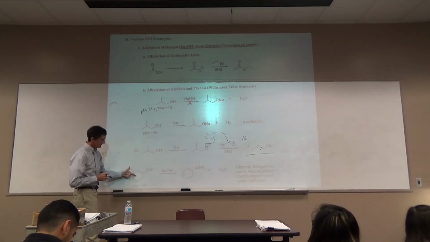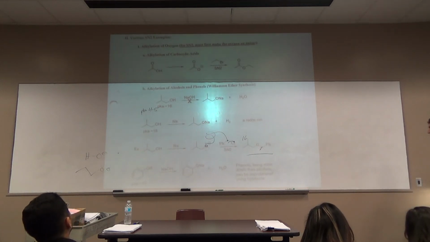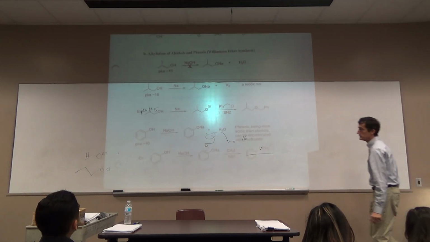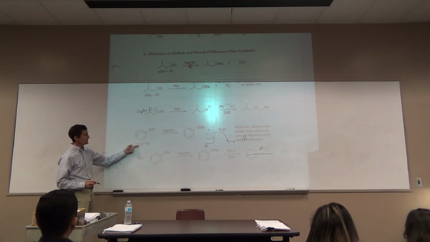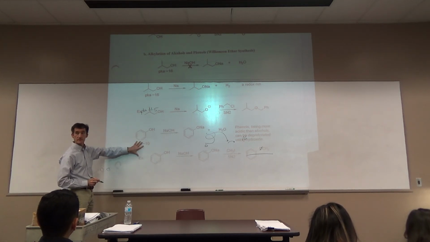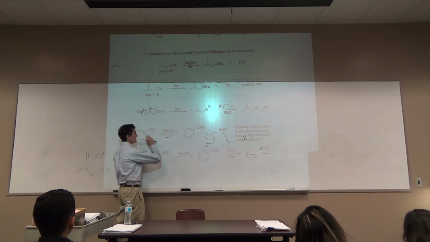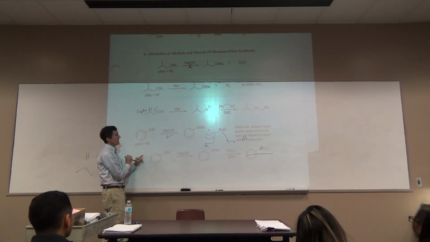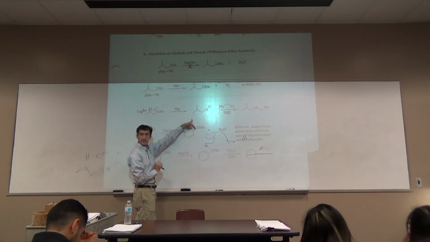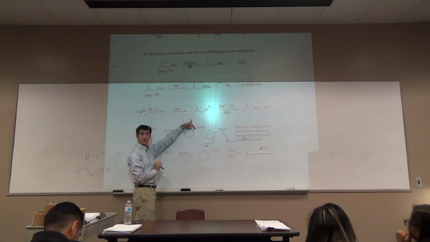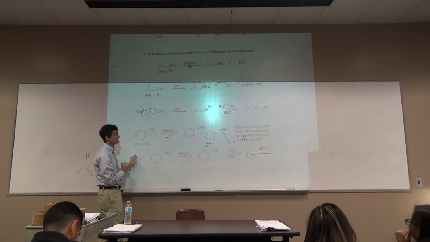What about phenols? Now, phenols are more acidic than regular alcohols, with a pKa of about 10. We can use hydroxide with phenols. This is a phenol. This is called the phenoxide, P-H-E-N-oxide.